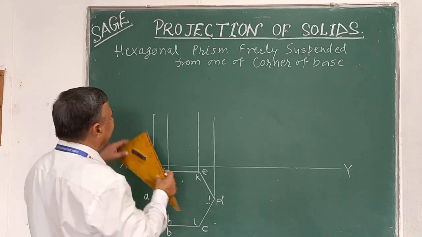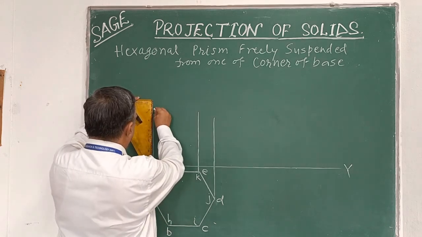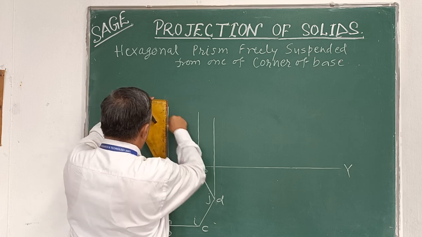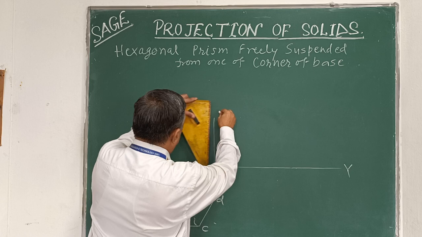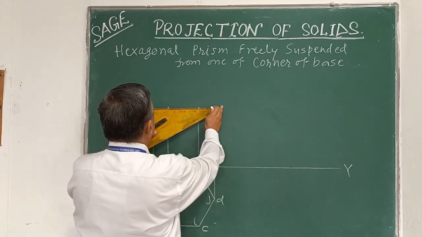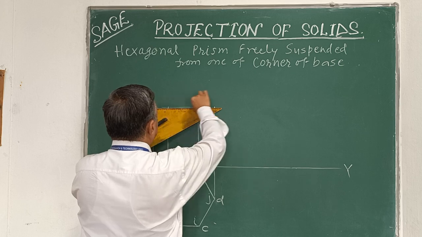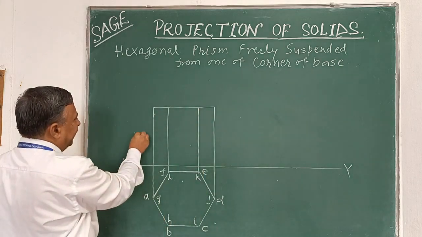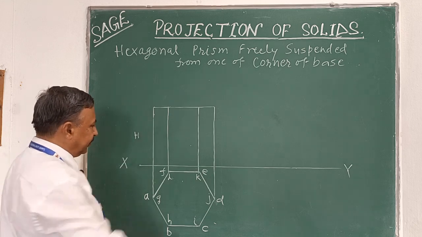So here we take 50 mm height. This is the height of the prism.